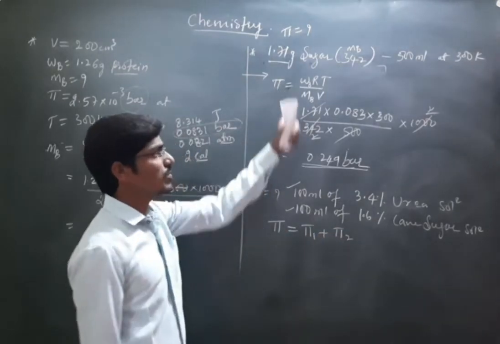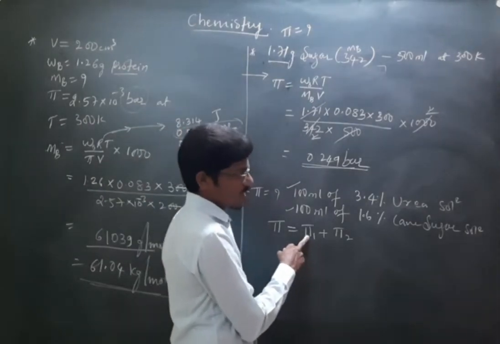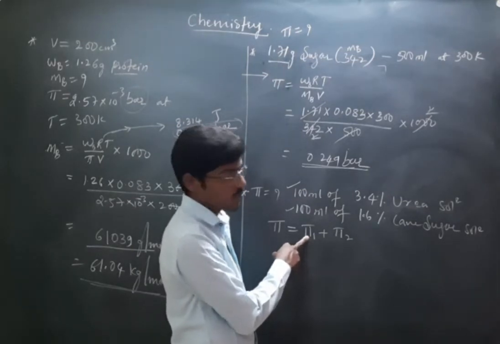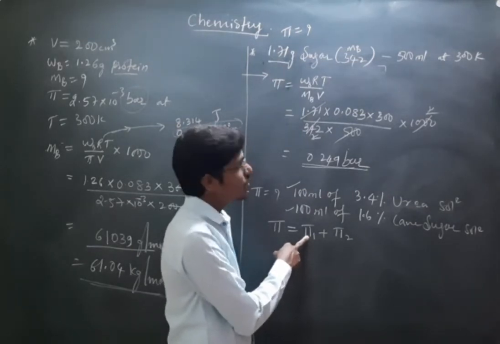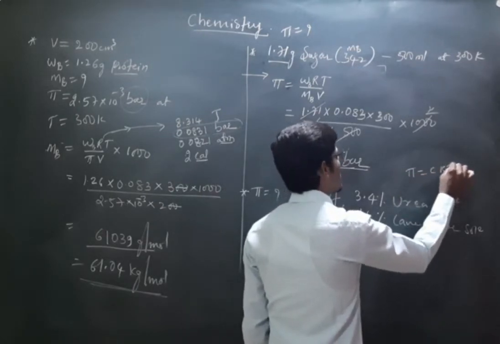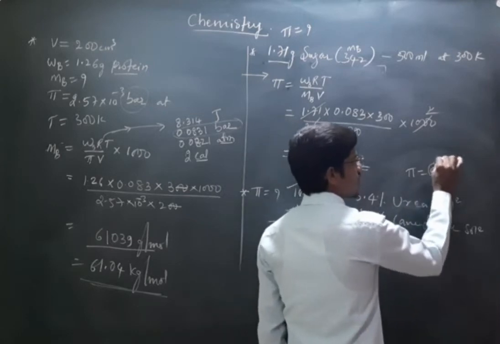So the formula of osmotic pressure is pi equals nRT by V, or CRT, where C is concentration.